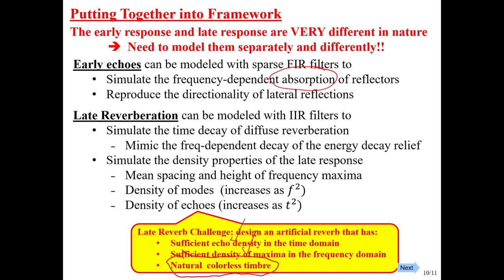They add this warmth, quote unquote, of the reverb without making the sound be filtered in its spectral representation. So that's the challenge, and we'll look at that in not the next note set, but the note set after that. We'll start looking at that.